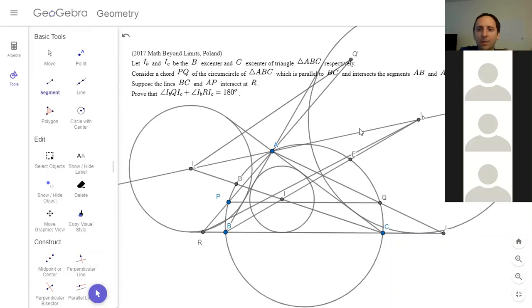So Q prime is the reflection of Q, so the angle Q prime ICA is equal to Q ICA. Okay. So we're going to prove the triangles ICAQ and RAIB are similar. Yeah. And that is similar triangles because AICR.